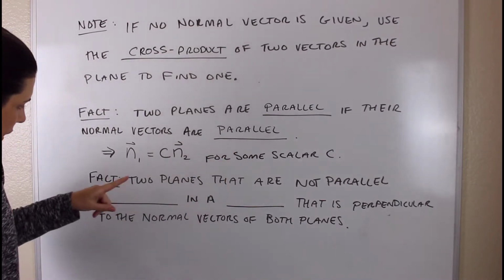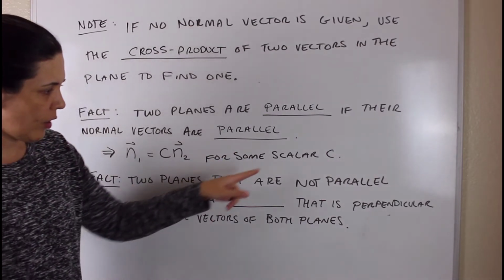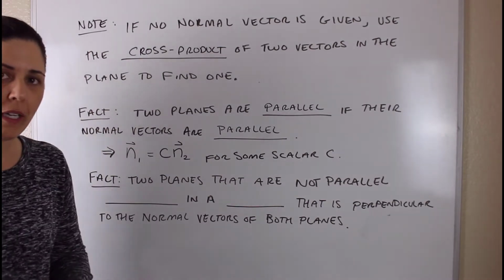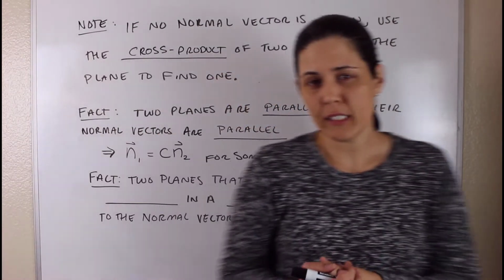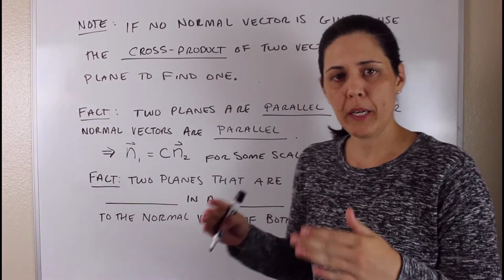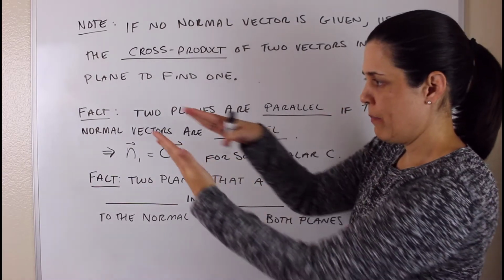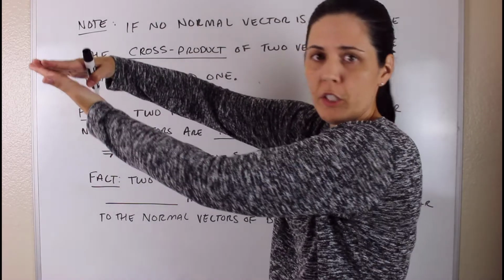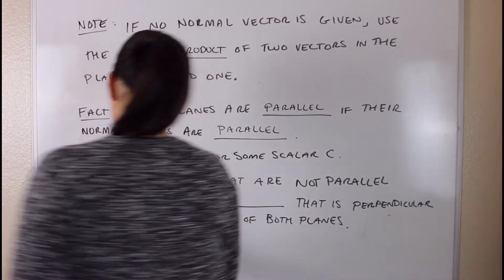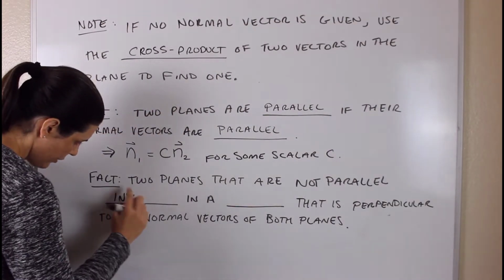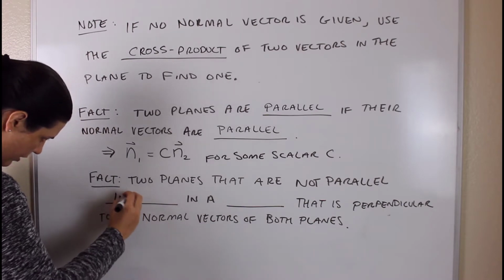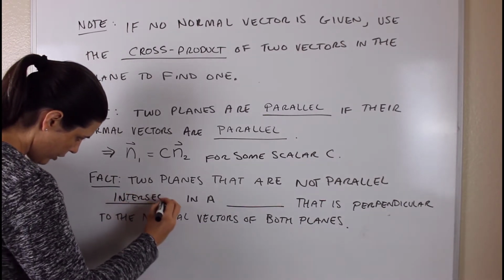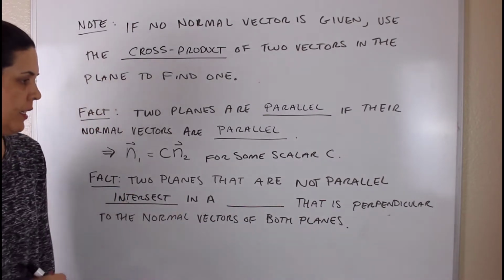Last fact here, two planes that are not parallel, think about it, think about what you knew about lines. If two lines aren't parallel, well, eventually they meet. Same thing here, two planes that aren't parallel, eventually they intersect. And what does that look like?